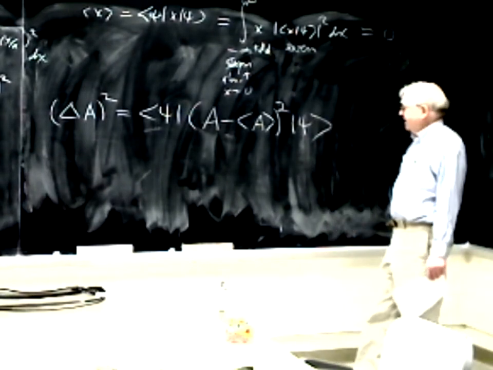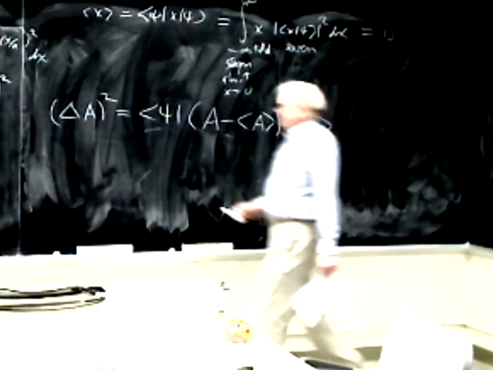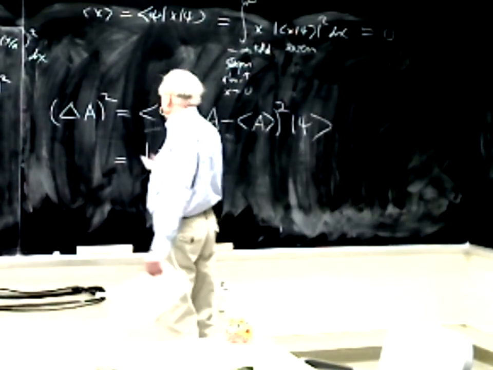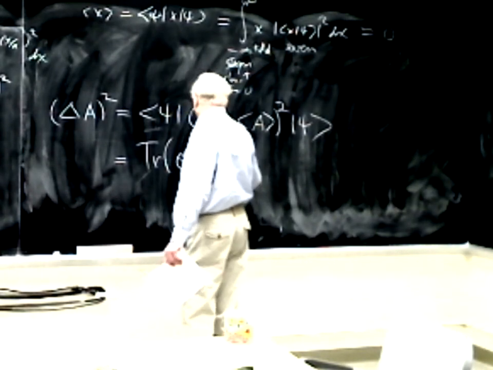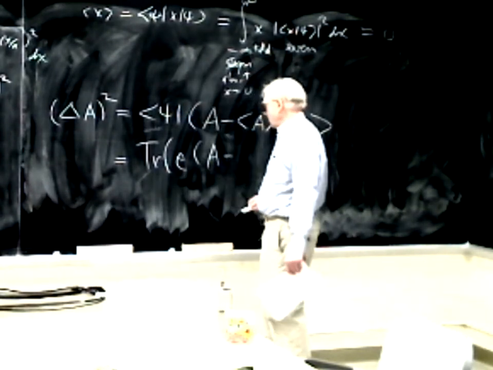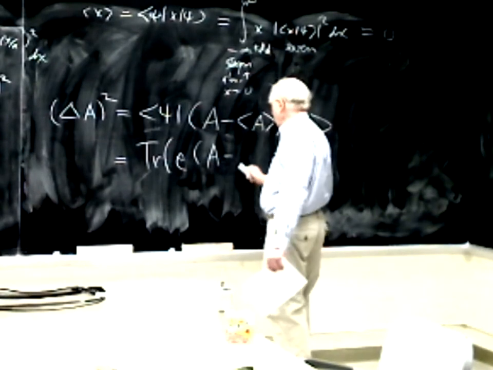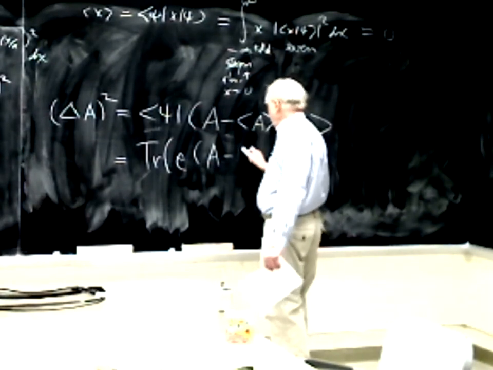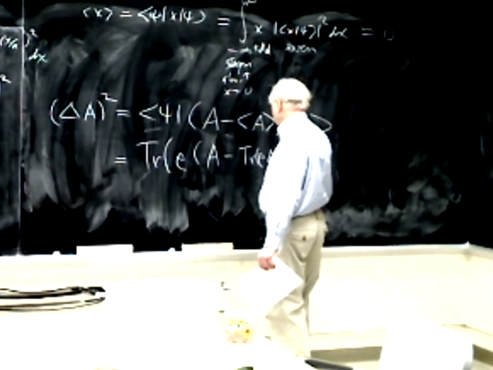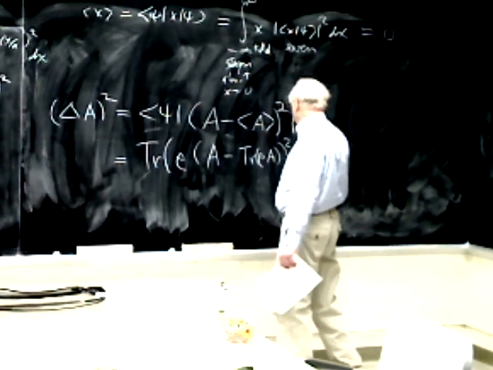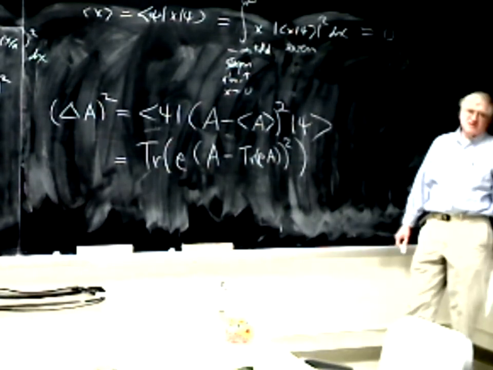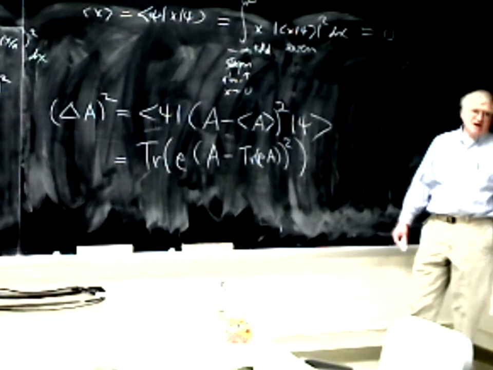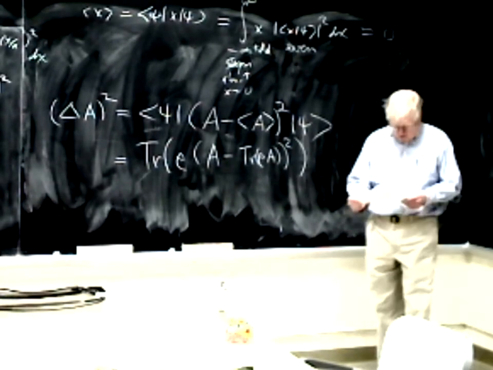More generally, it's the trace of rho times (A minus the mean value of A) squared, and this mean value of A, of course, is itself the trace of rho A. So that's the expression more generally for the square of the dispersion of operator A, for a system described by a density operator rho.